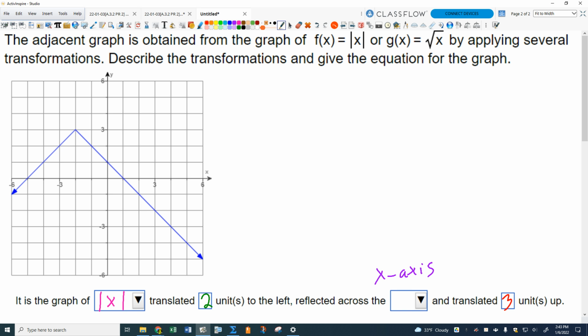H is the number that's being subtracted from x inside the function, right? What's always useful to do here is, let's write our parent graph as absolute value of x, right? So we'll call this, what are we going to call this? I don't know, we'll call this m of x or something crazy.